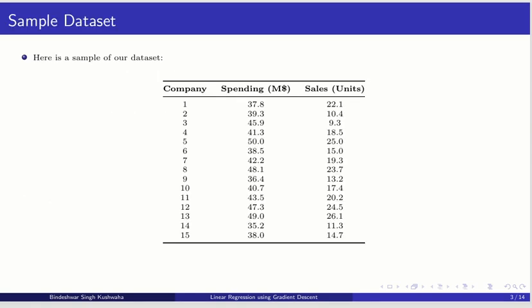Now let us see a sample data set. A company is spending this amount of money and its sales are like this one, 37.8, so sales 22.1, 39.3, so 10.4, and we will establish a relationship after finding w and b.